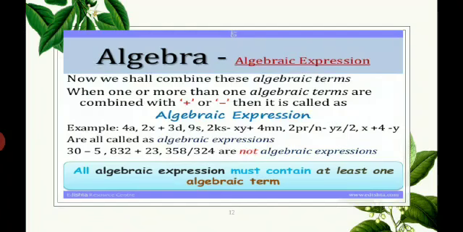Okay, these are all called algebraic expressions. I have written some more, but these are not algebraic expressions. Like 30 minus 5, this is not an algebraic expression. 32 plus 23, this is not one either. So these are not algebraic expressions. Okay.